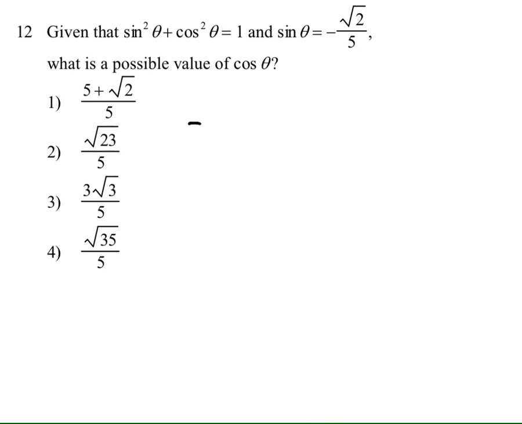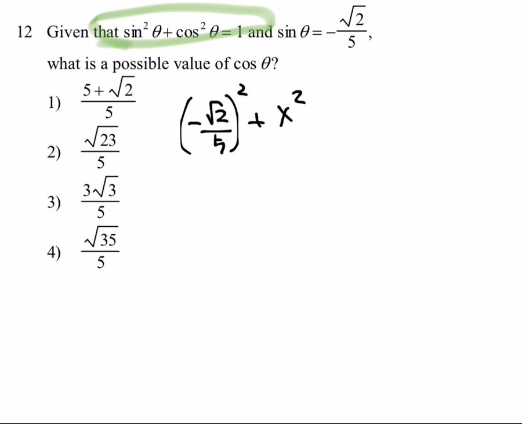Now, number 12. So we're looking for cosine of x. Based upon this Pythagorean identity, I'm just going to plug in sine theta with negative radical 2 over 5. So this value squared, and then plus cosine x squared equals 1. Then we realize that 2 over 25 is what's being squared.